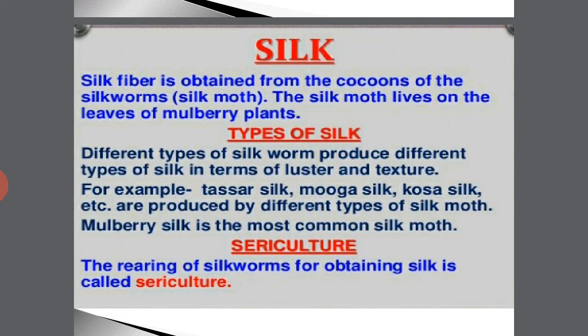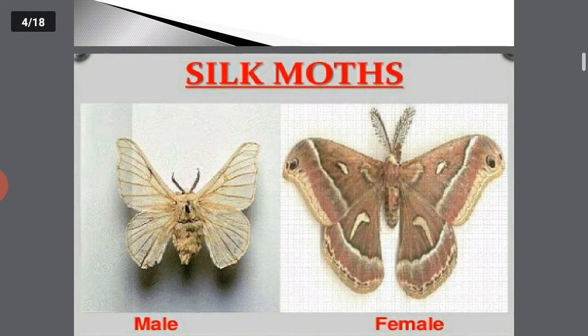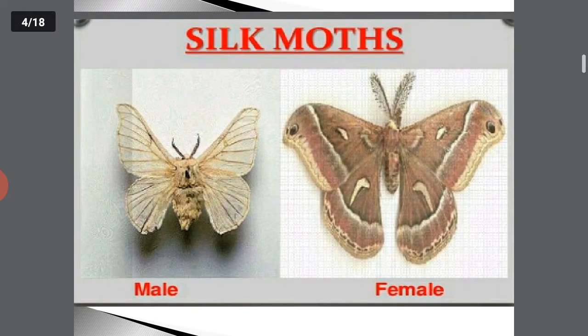You can see in the diagram the male as well as the female silk moth. The female silk moth lays the eggs, which we will study in our upcoming slides.